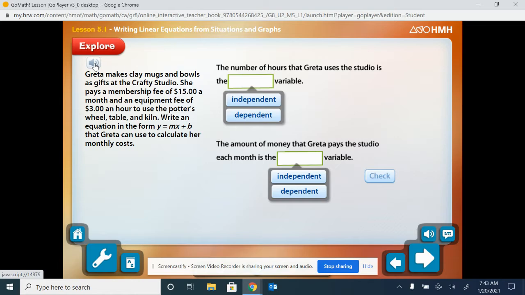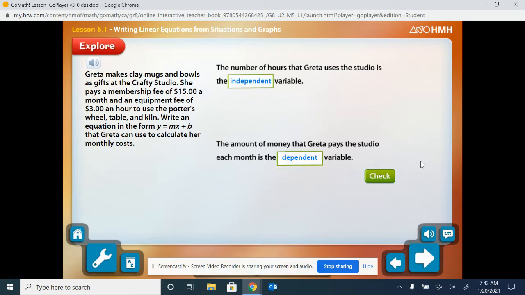It's the y-intercept, and $3 is the slope. So $3 per hour means that the hours are going to be the independent variable, and the amount Greta pays is the dependent variable. So number of hours, independent, and then the amount of money that Greta uses is dependent because it depends on the number of hours, okay?